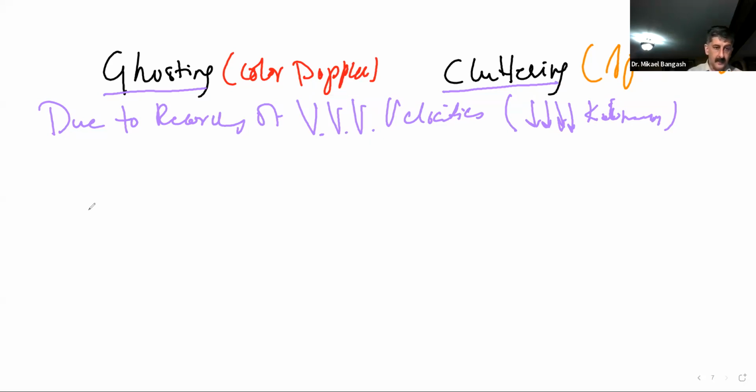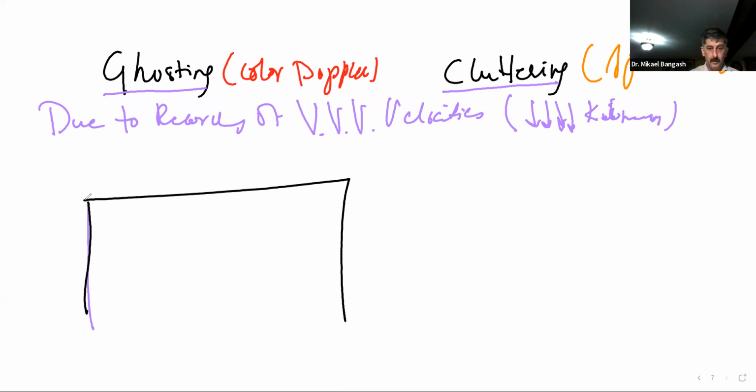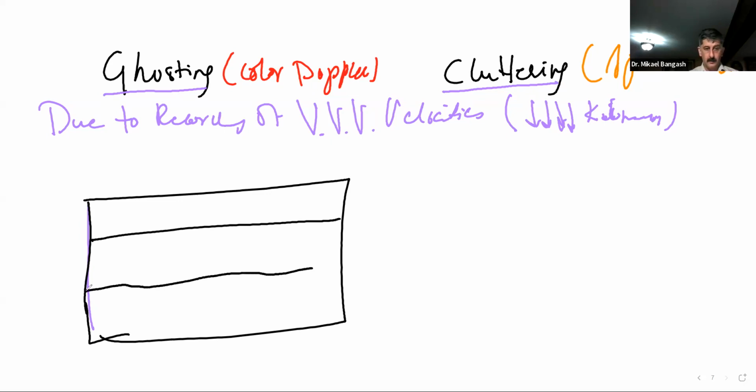So let us do a color Doppler mode here. Let's say that this is an image, and just so you know, this would be a blood vessel.